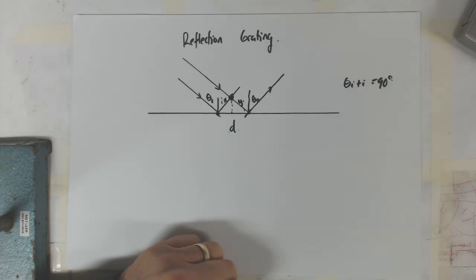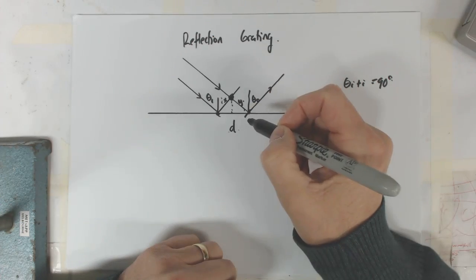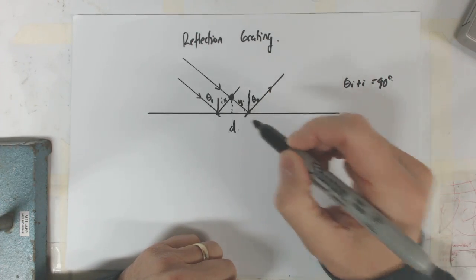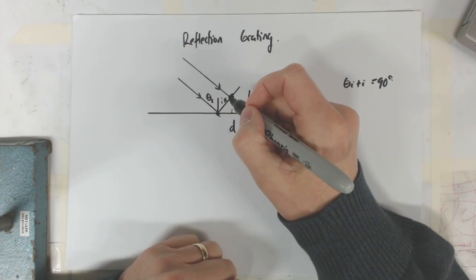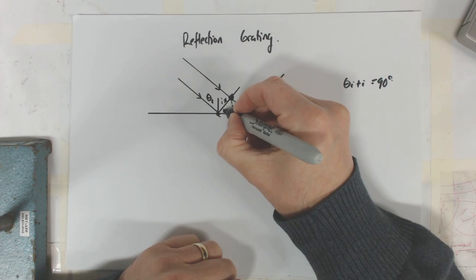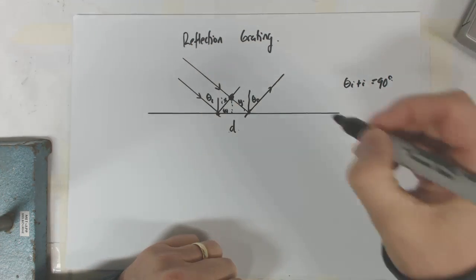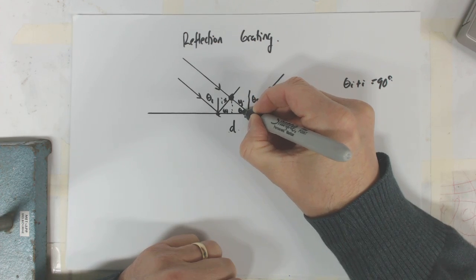Now if we're going to try and figure out the path difference between y and x, we can do that by realizing that this is also theta I there, and this one over in the corner here is also theta out.